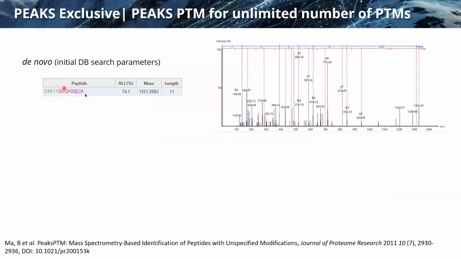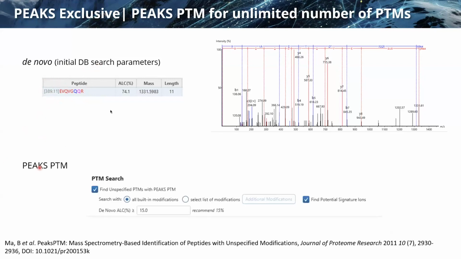So we have the good sequencing score for each of these amino acids on the C-terminus. However, I even indicated just the N-terminus with the mass tag because really, again, with these search settings or the modifications provided initially, we couldn't really match this part of the sequence to anything.